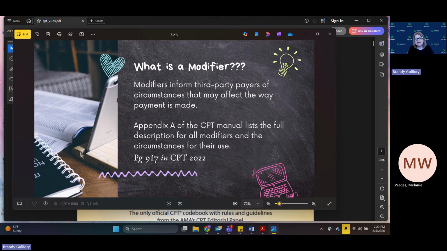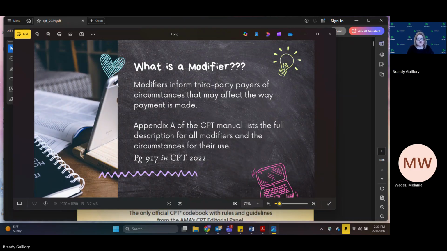So trying to memorize those is not necessary. You're always going to have a place to find that information. It is right there in your CPT manual. What is required is your effort when you have a look at that and see which modifier fits your situation the best.